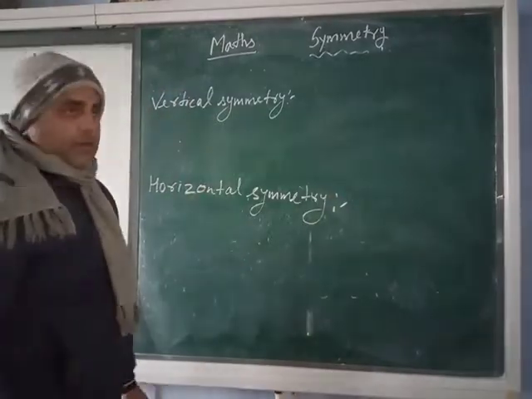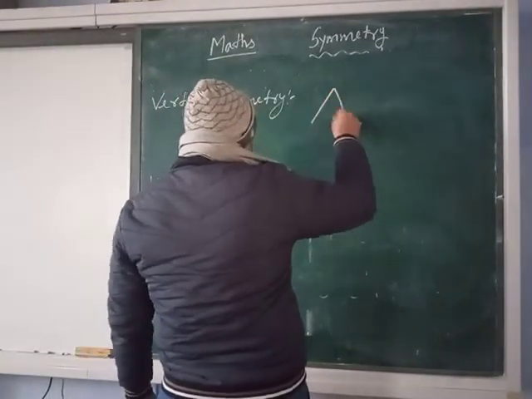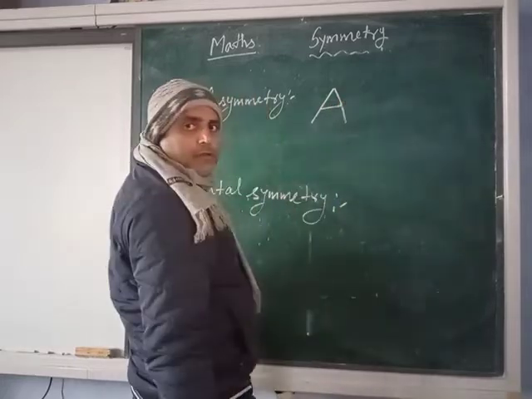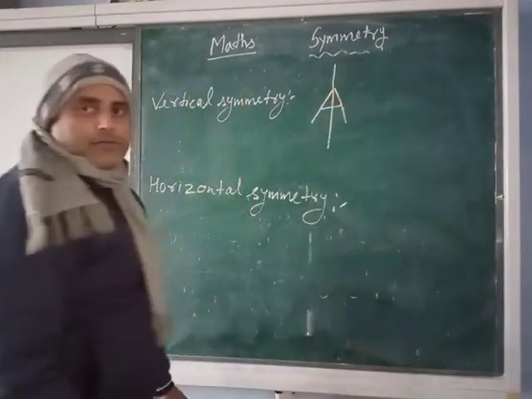If we draw the letter A, then A has vertical symmetry.